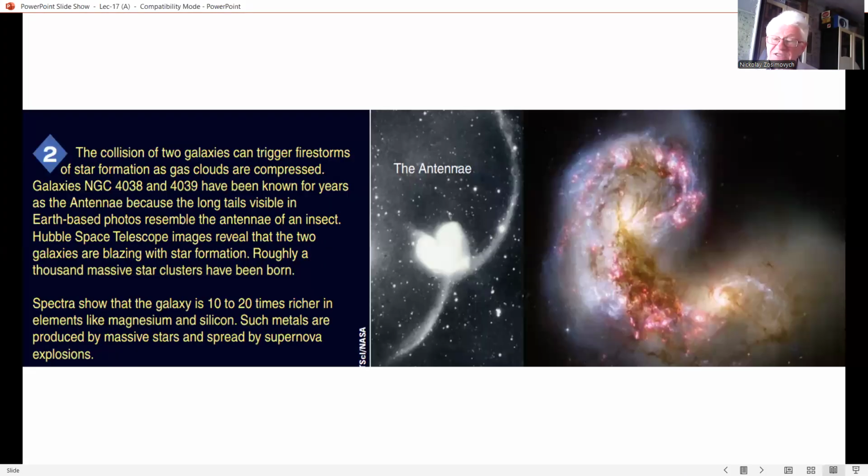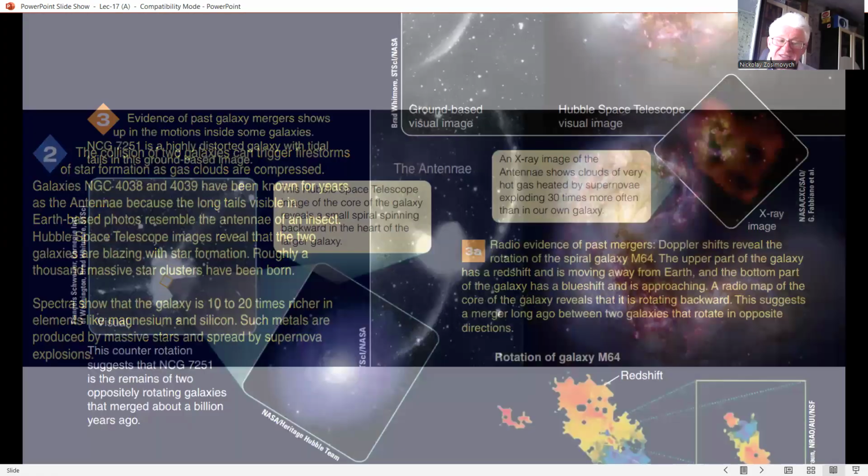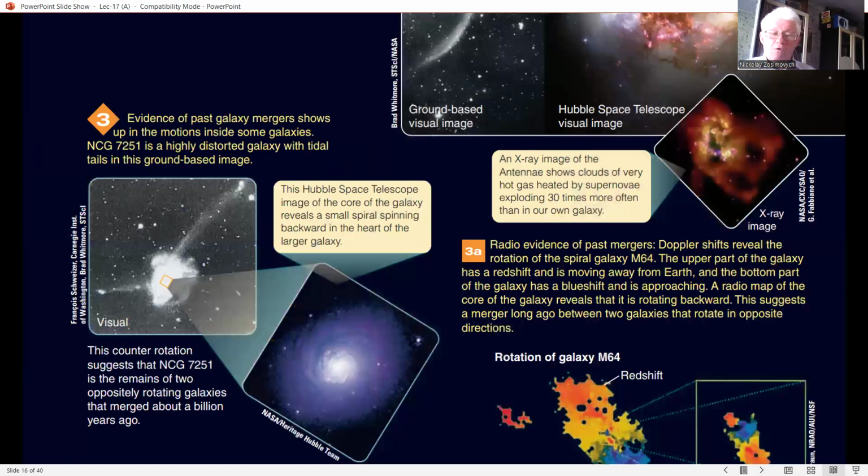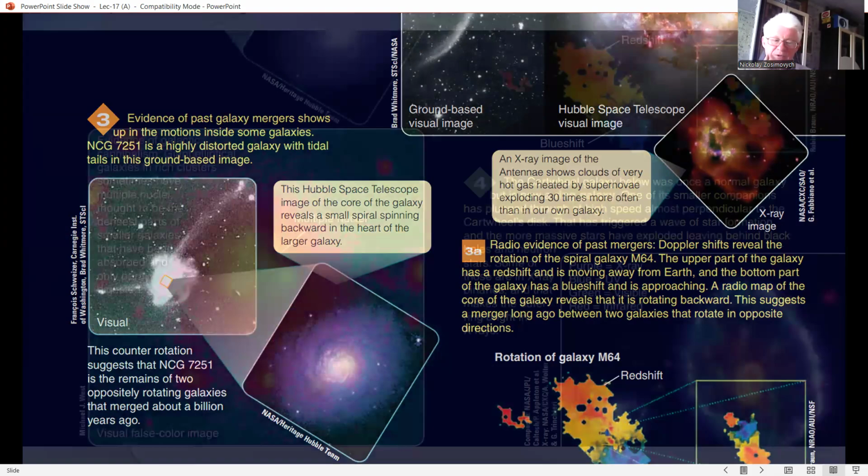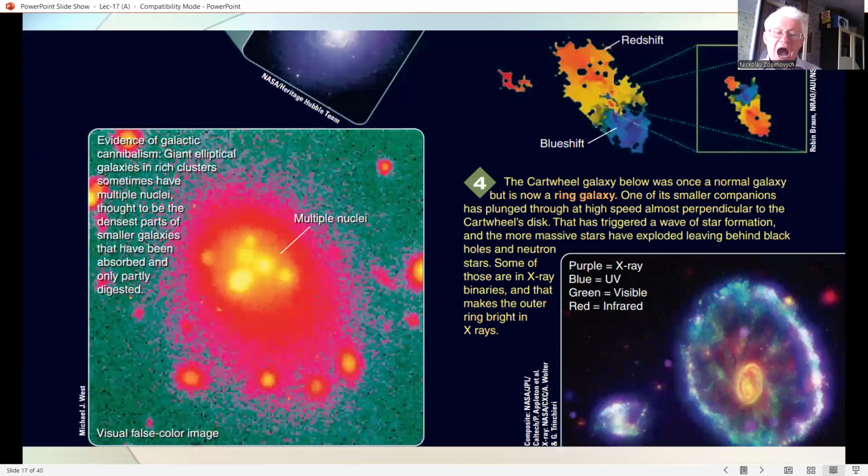Interaction between galaxies can trigger star formation. And evidence left inside, in the form of motion and multiple nuclei, reveals that they have suffered past interactions and mergers. And finally, the beautiful ring galaxies are bull's-eyes left behind by high-speed collisions.